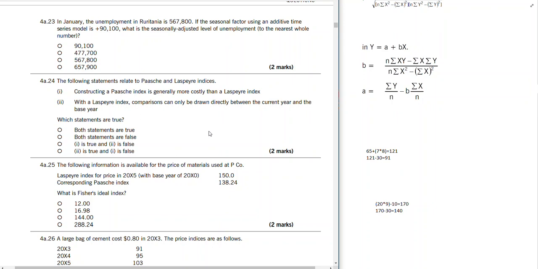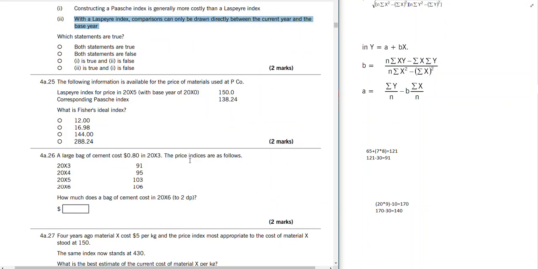The only thing is that when we are using the Laspeyres index, we keep the quantity the same from the base year, the original year, and when we are using Paasche, we keep the price the same. So they're actually talking about the fixed base index. This is true for the fixed base index. So statement 1 is true, second is false.